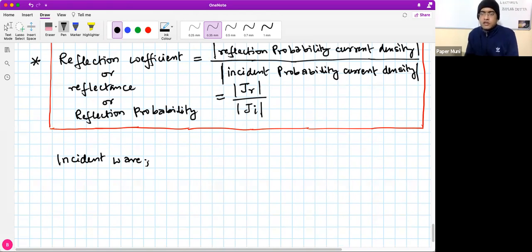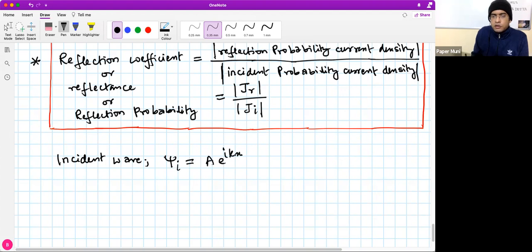Now these are also stationary states, e^{ikx} and e^{-ikx}. Even if you add the time part, the probability density is not affected. So we are trying to compute the probability current density using only the space part. Okay, you could have used the time part also, but it wouldn't make sense. All right. So this is kx.